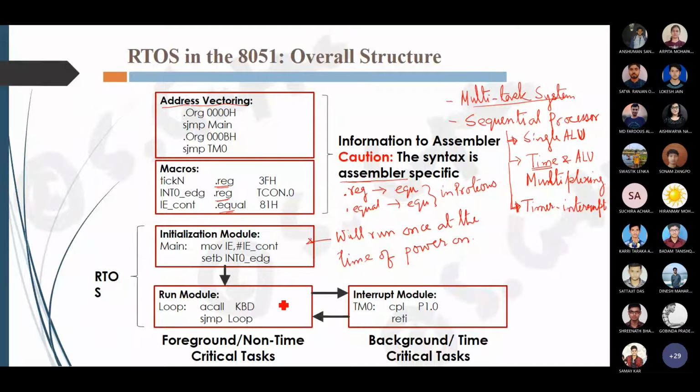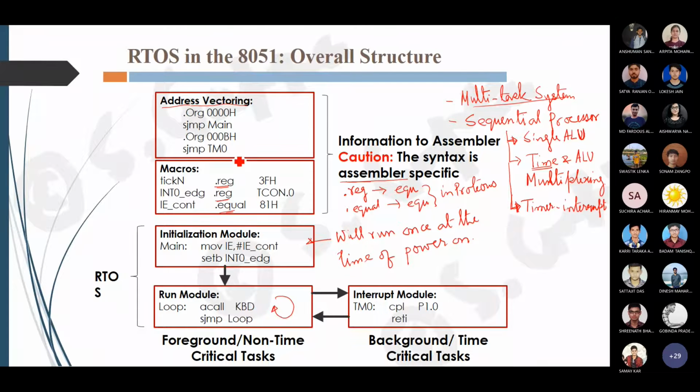Here we can place the foreground or non-time-critical tasks like keyboard, displays, and so on. We can place all those in a sequential manner. Any timing changes or imprecision in the timing of calling these functions will not affect the overall performance. And then we have the interrupt module in these locations.